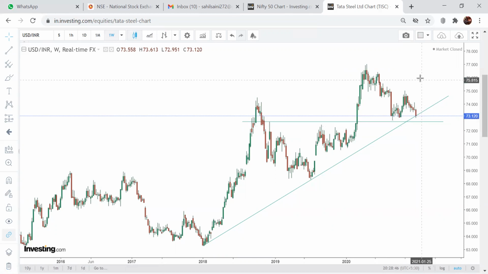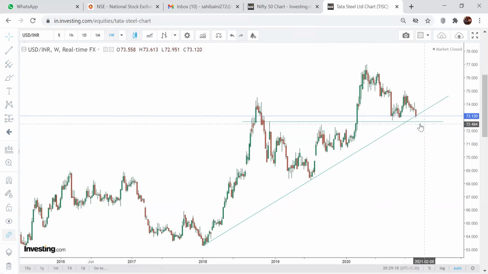But it's okay. If it continues upside from here, then it can make a new all-time high, because these are just swings: lower low, then higher high, then higher low, then again a higher high, then again a higher low.